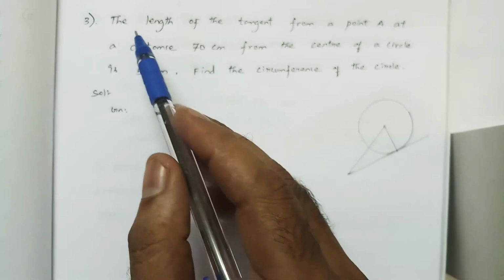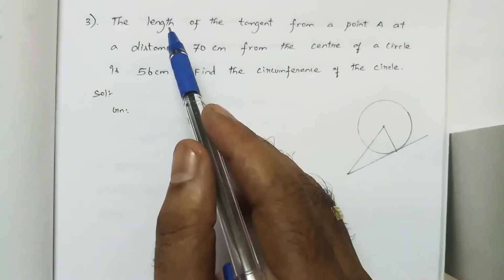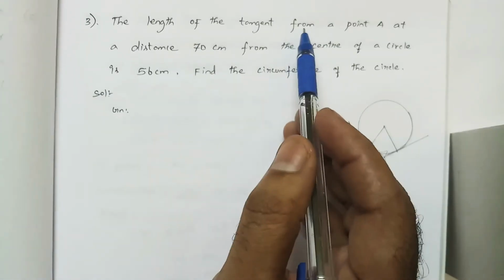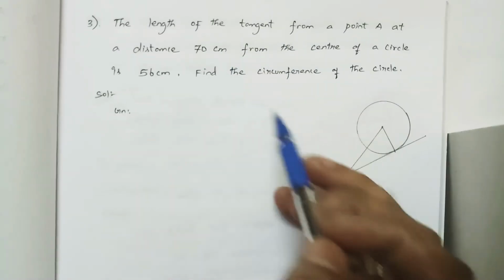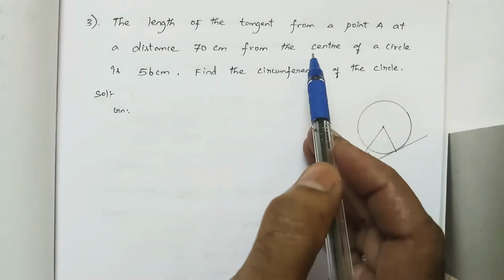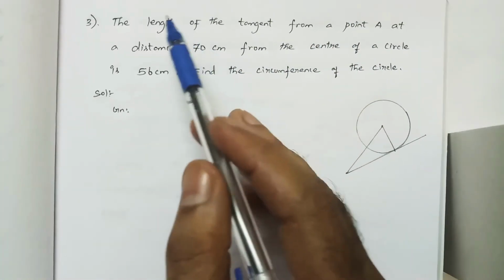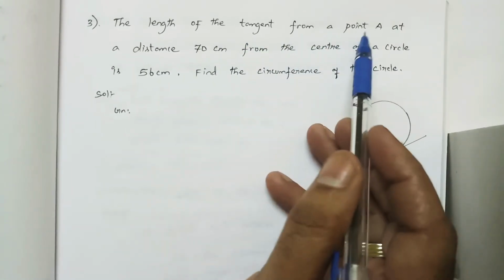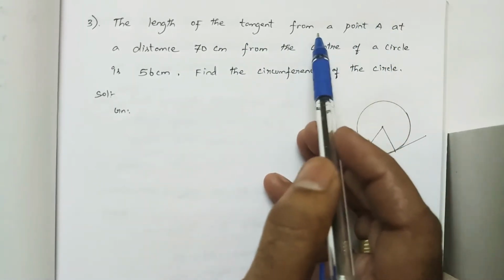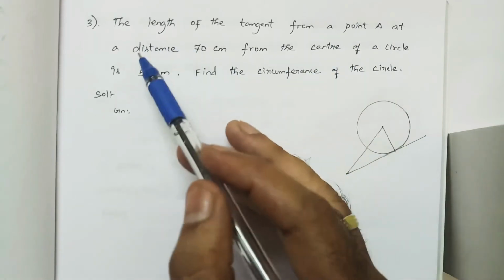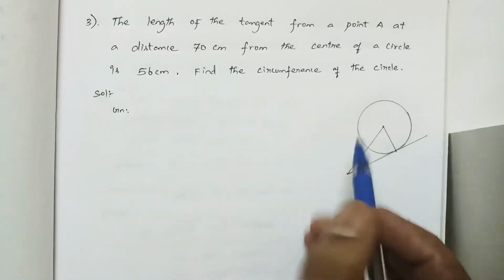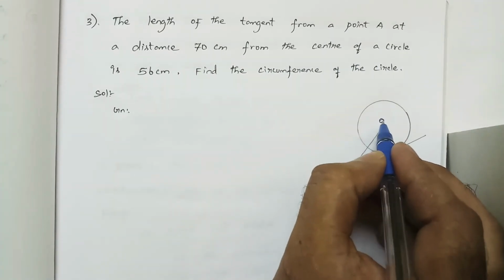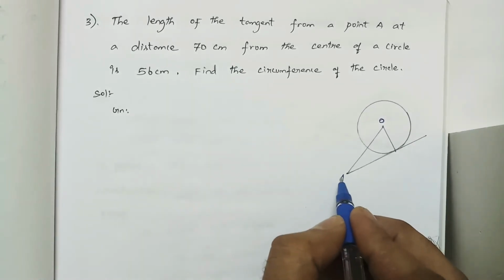When they started, they started with the length of the tangent from a point. In between they are saying that the distance between the point A and the center of the circle is 70 centimeter. So O is the center of the circle, A is the external point.